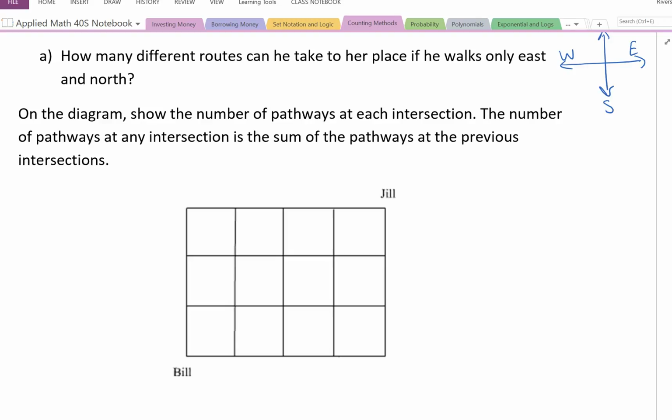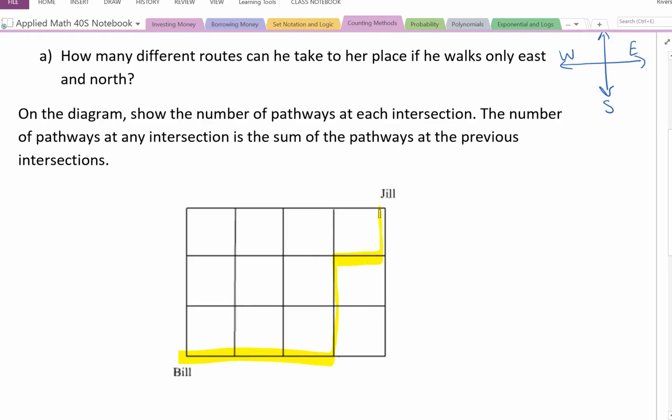Well, if Bill's walking to Jill's, he can go this way, and then this way, and that would be considered one pathway. The other thing he can do is go this way and zigzag all the way up. And so these are all the different pathways we're counting. Each of those is a unique pathway.